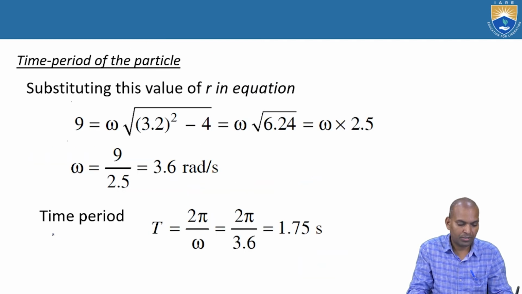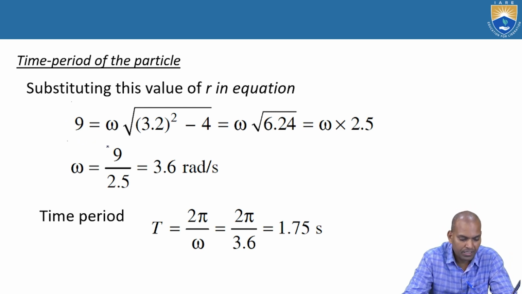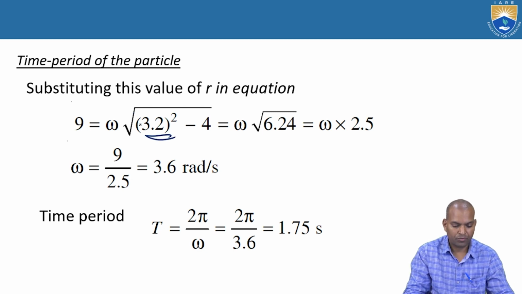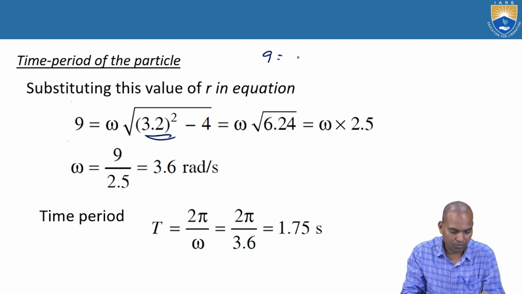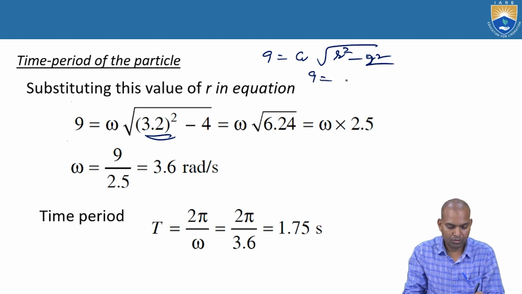Now for the time period of the particle. If we know omega, then the time period T equals 2 pi by omega. Substitute the value of r in equation 1. 9 equals omega times the square root of r square minus y square, that is 9 equals omega times the square root of r square minus 4.